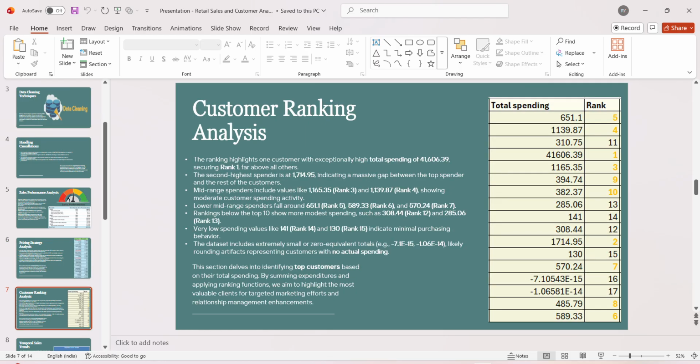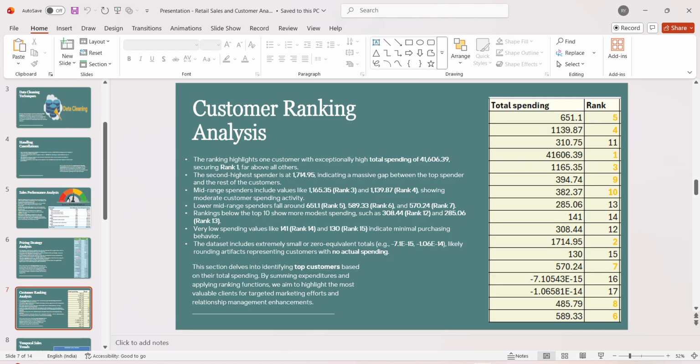Now let's move to the interpretation of it. The ranking highlights one customer with exceptionally high total spending of around 41,000, securing rank 1 above all others. The second is 1,714.95, indicating a massive gap from the top spender.